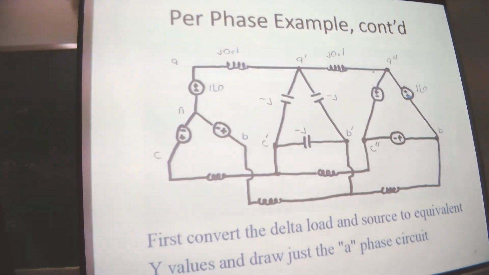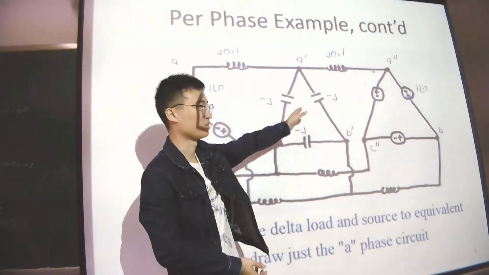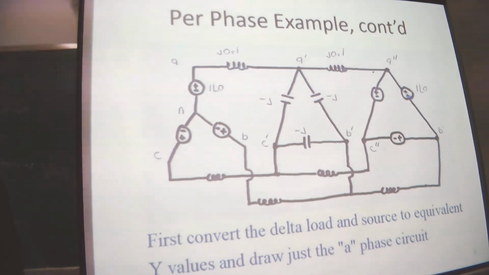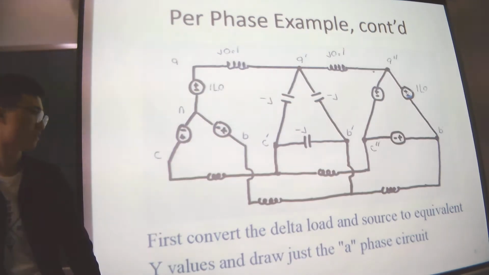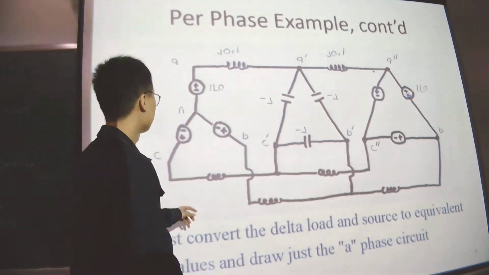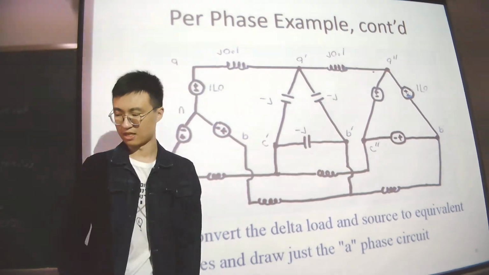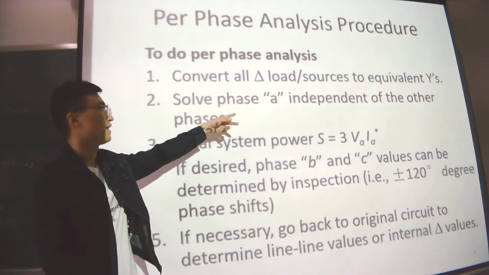You see, memorizing is sometimes also useful here, right? Just to convert this to the Y connection. And if you just draw the A phase, you can just use this A phase, B and C, because in our procedure you know that we solve phase A independently.